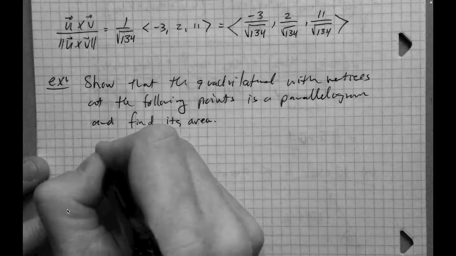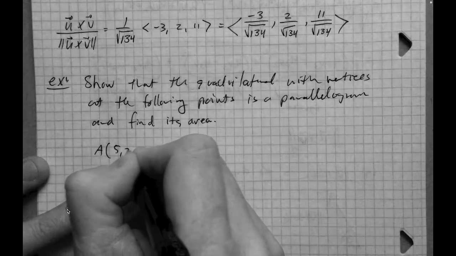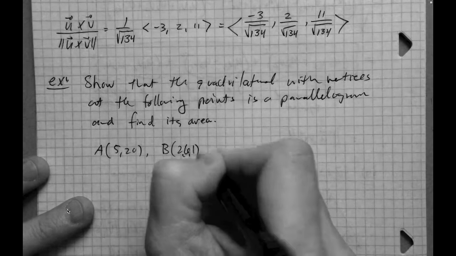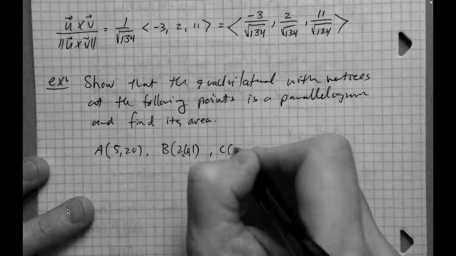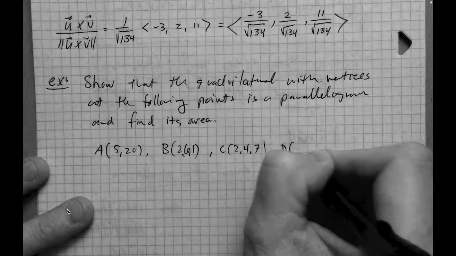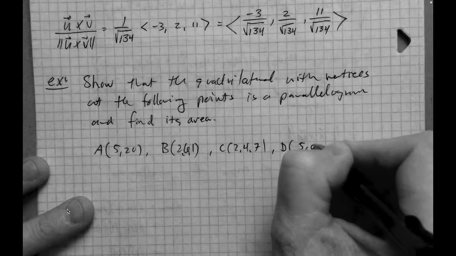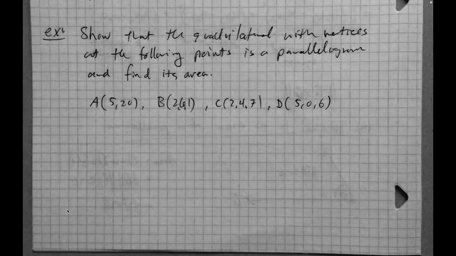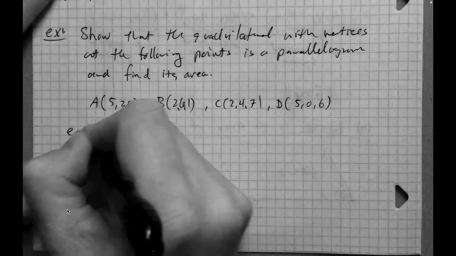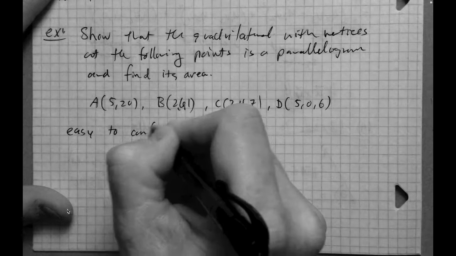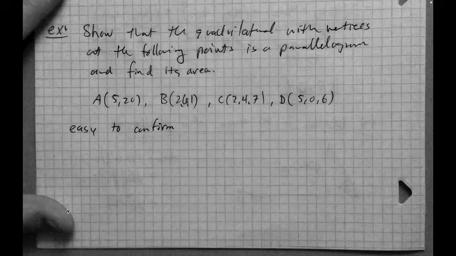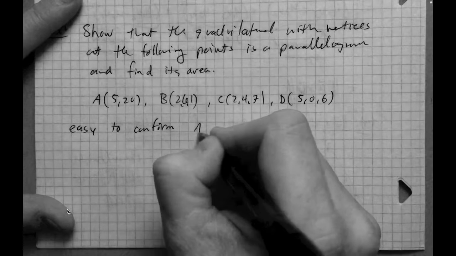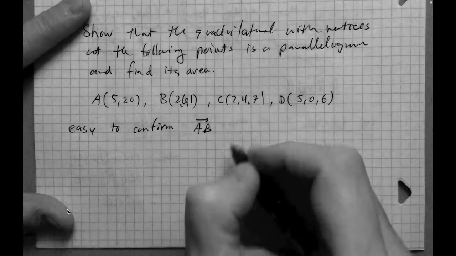Okay, so the points are: the A point is (5, 2, 0). The B point is (2, 6, 1). C is (2, 4, 7). And D is (5, 0, 6). So you've got these 4 points. And you can pretty quickly confirm, and I'll just leave this to you, it's easy to confirm, this is just a slope argument basically, that AB, the line formed between these 2 points, is parallel to CD.